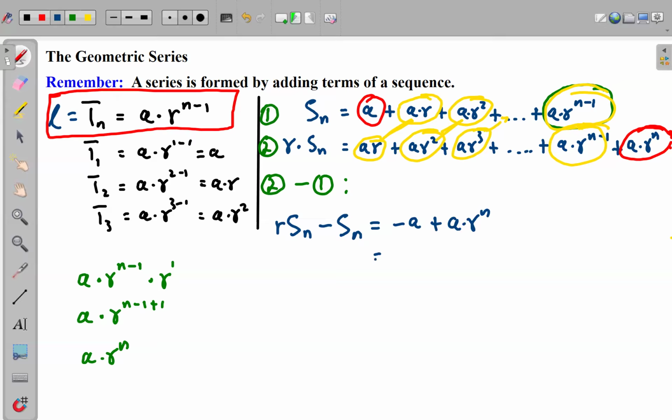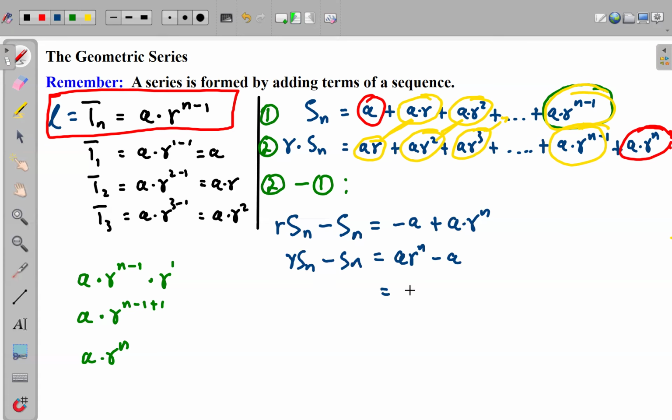Now, I can rewrite this as A times R to the n minus A. And then I hope you do notice on the left-hand side that we have Sn as a common factor. So I can factor out Sn, then I'll be left with R minus 1. In fact, let me factorize in the same step, because the right-hand side can also be factorized.